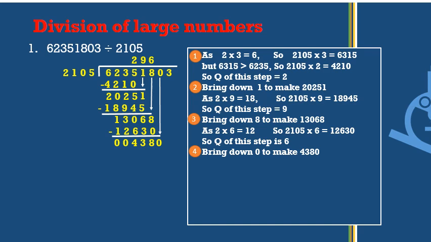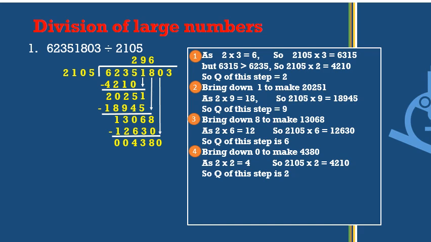Now, in the fourth step, we will bring down 0 to make 4380. Now, we will divide 4380 by 2105. So, as we know that 2 multiplied by 2 is equal to 4, we will multiply 2105 by 2 to get 4210. And so the quotient of this step is 2.